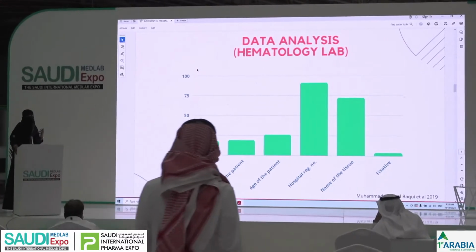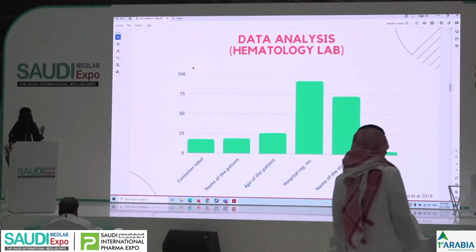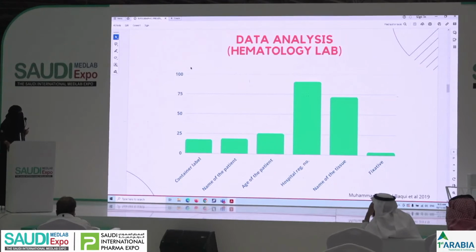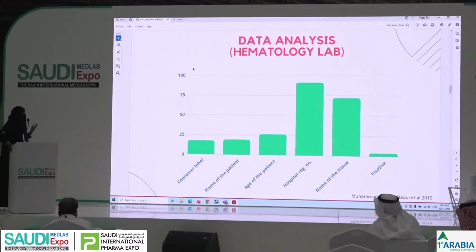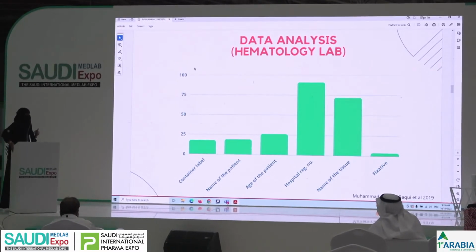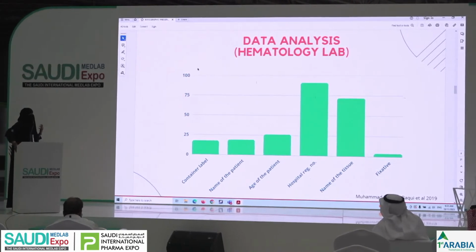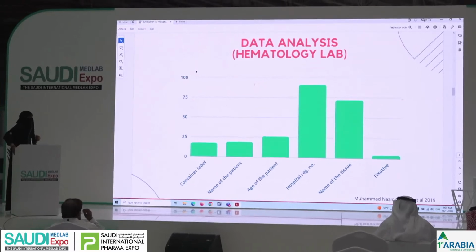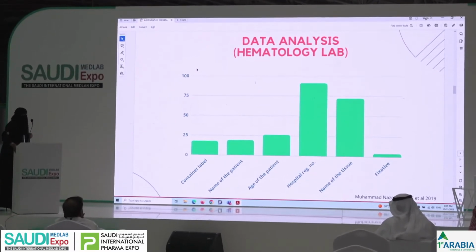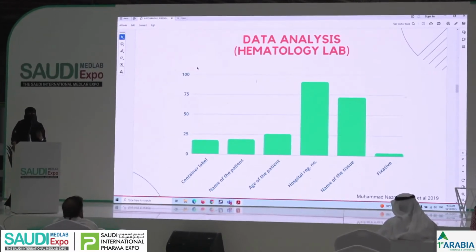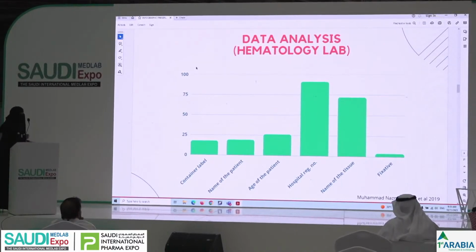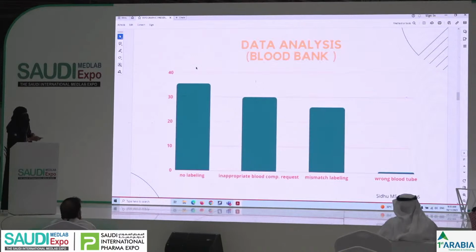So the sample is coming without a patient number, so we cannot analyze the sample. About more than 75% of samples are coming without a label, and some of the tissue samples are coming without the name of the tissue, so we cannot analyze the sample due to missing tissue name in the histology lab.